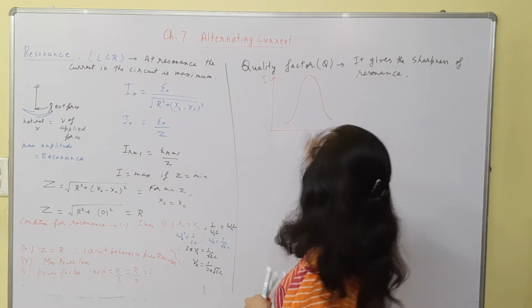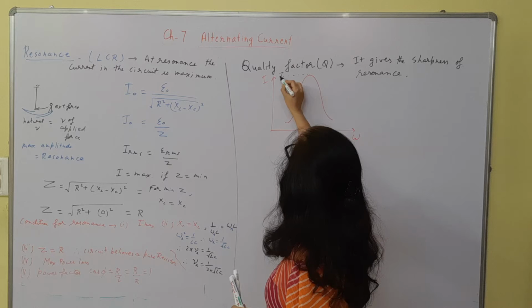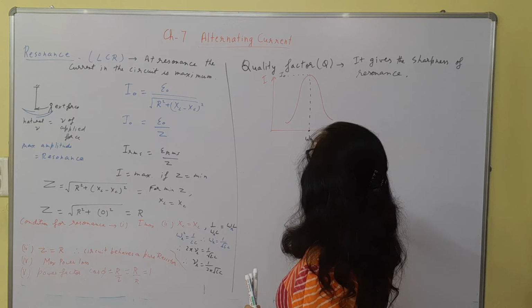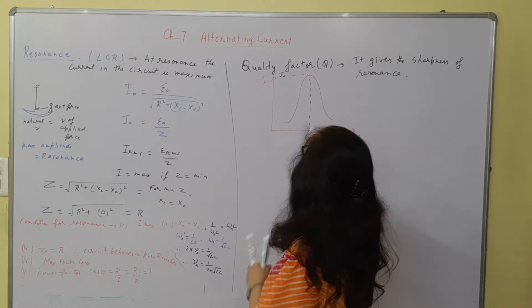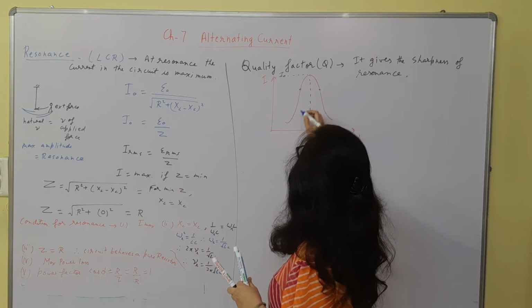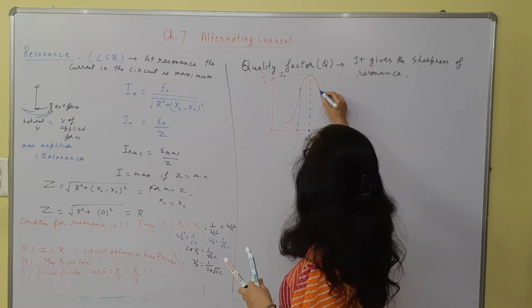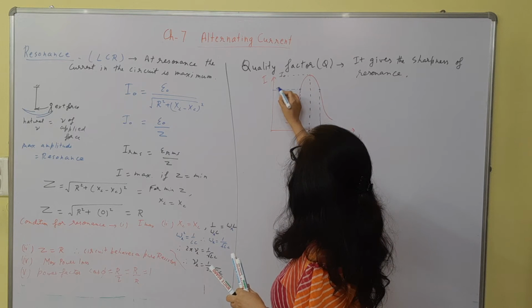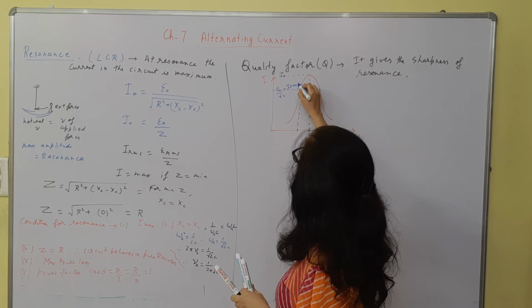This value corresponds to the maximum current, and this value of frequency corresponds to the resonant frequency, and the side frequencies are those at which the current is 1 by root 2 times of I naught, that means I RMS.